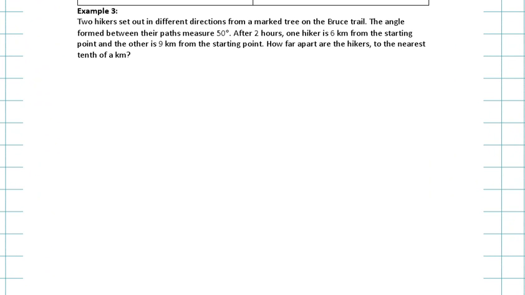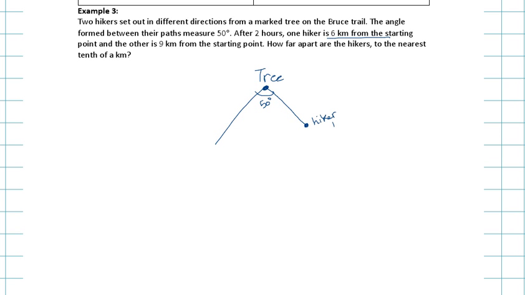And then they're going in two different directions. That angle between them is 50. The first hiker is 6 kilometers from the starting point. So let's say this is hiker 1. And this is hiker 2.